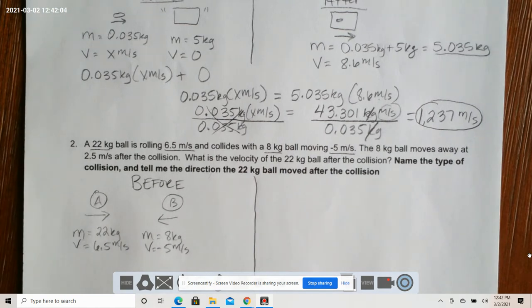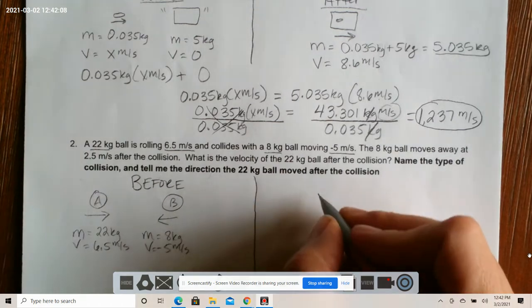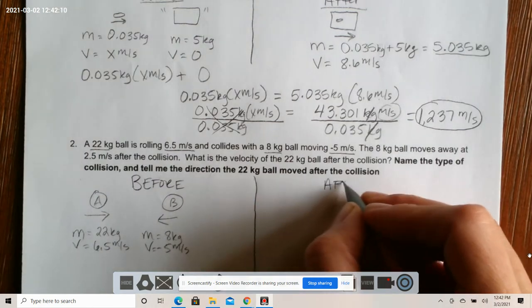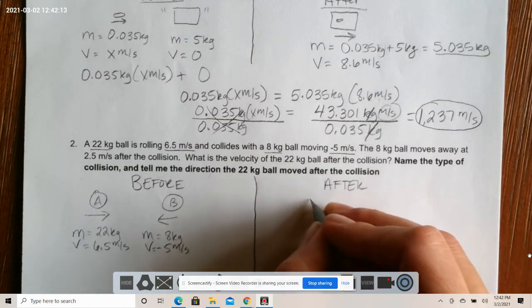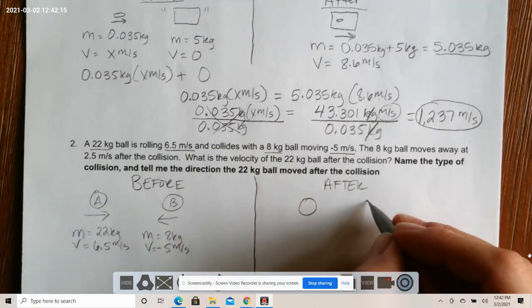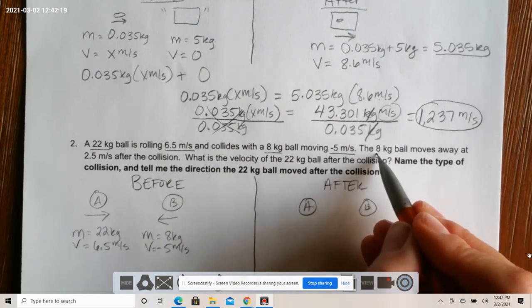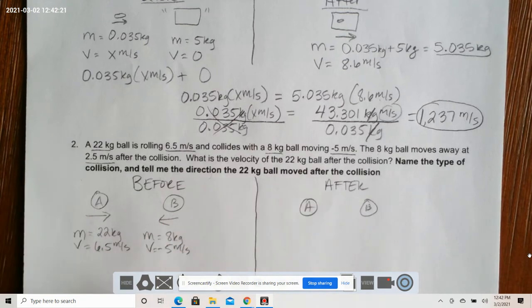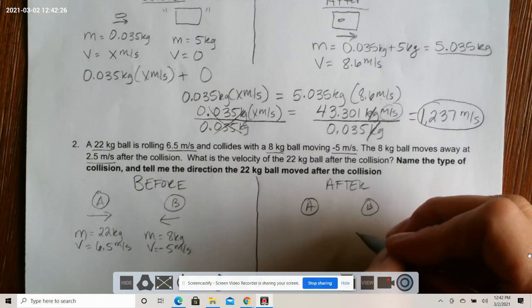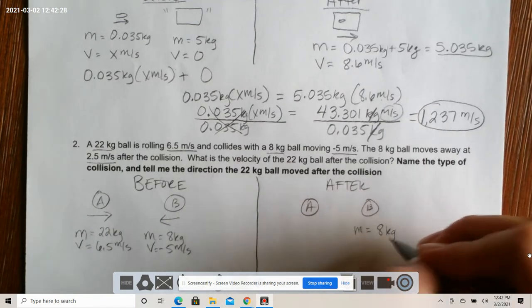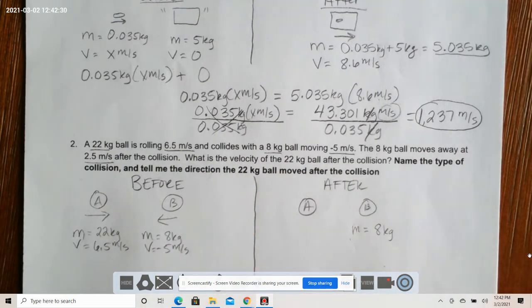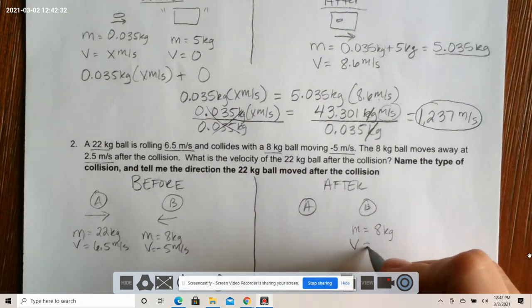Okay, so now we need to figure out what's happening after the collision. So we have ball A, ball B. It says the 8 kilogram ball moves away at 2.5 meters per second. So the 8 kilogram ball is ball B. So we know that the mass didn't change, but its velocity changed to 2.5 meters per second.